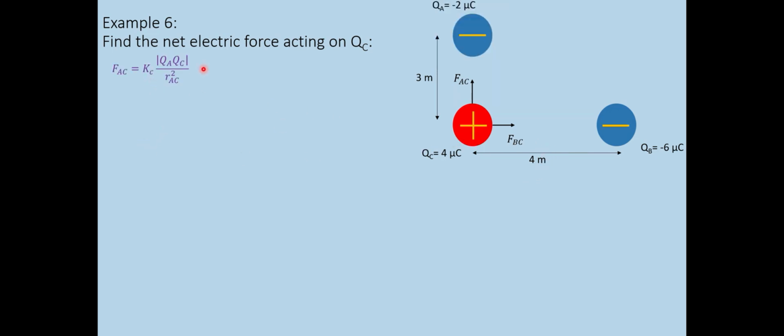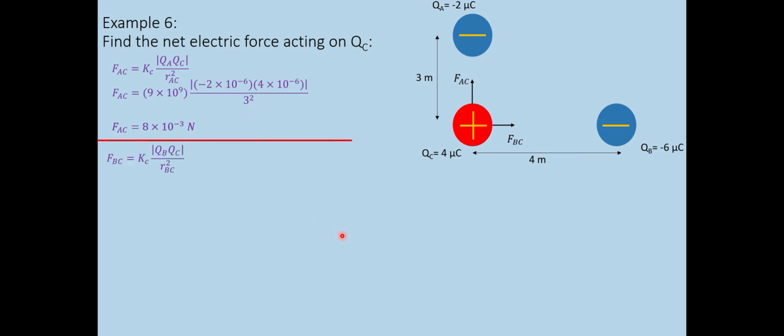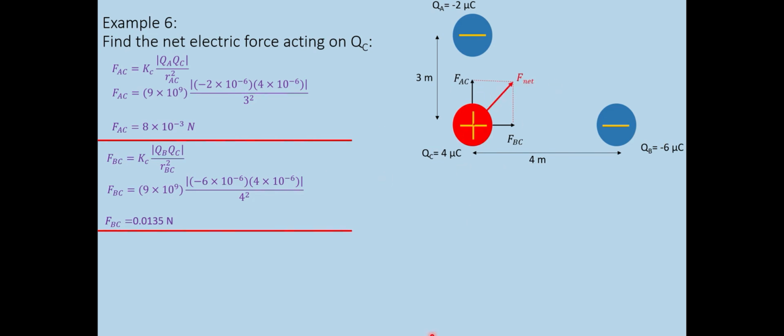Next step is to calculate FAC the same way as we did in the previous examples. FBC, same thing. Then we have to find the net force. We draw a line parallel to the x-axis, a line parallel to the y-axis. We draw the net force, and to find it we use the Pythagorean.